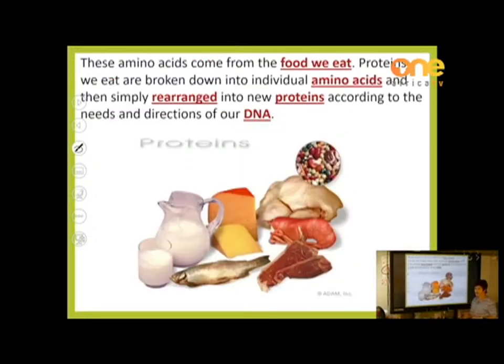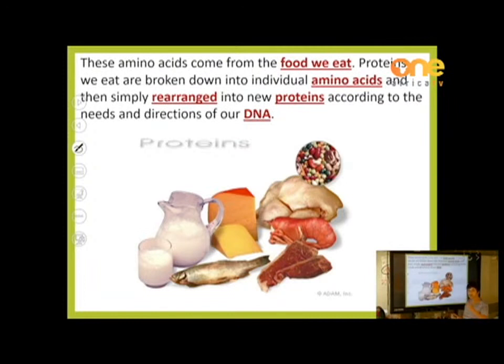So where did these amino acids that are now in the cytoplasm come from? That came from the proteins that I ate. They got digested or hydrolyzed inside my digestive system, absorbed by the blood, transported to my cells, and now the amino acids can get into the cells.